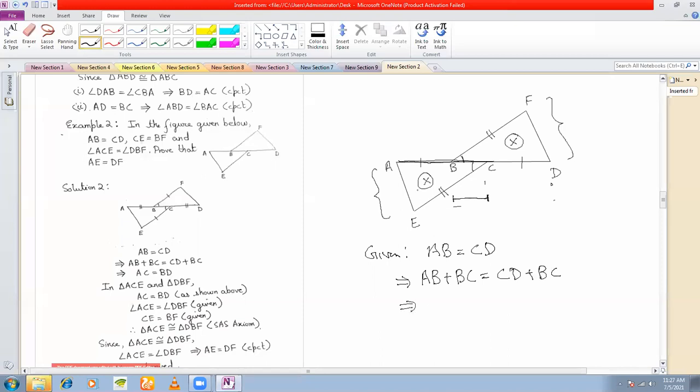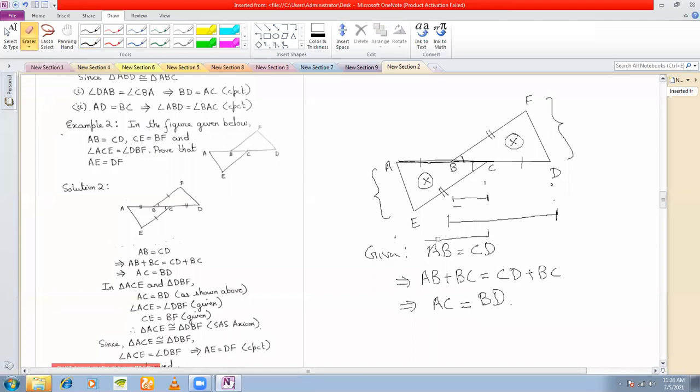Now if you combine AB plus BC, what length do you get? You get this entire length AC. That means AB plus BC is AC. And if you combine these two, BC plus CD, what length are you getting? You're getting this length, right? Which is equal to BD. So we have proven AC is equal to BD.